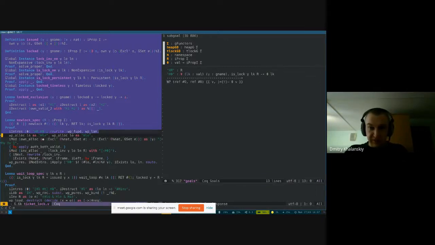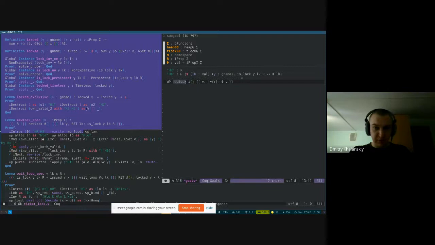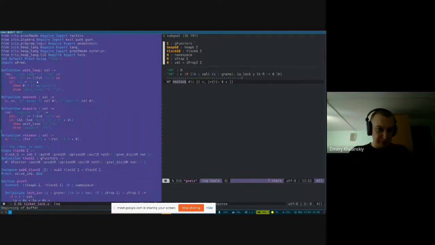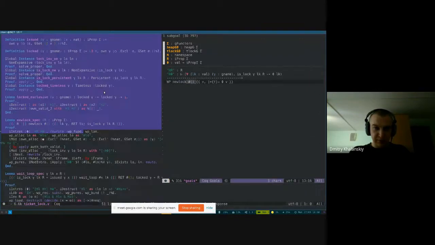Some modalities. Comments that start with WP mean that these are comments related to weakest preconditions, so they perform some reduction steps. For example, we know that new lock is a lambda, and a unit is passed to it.